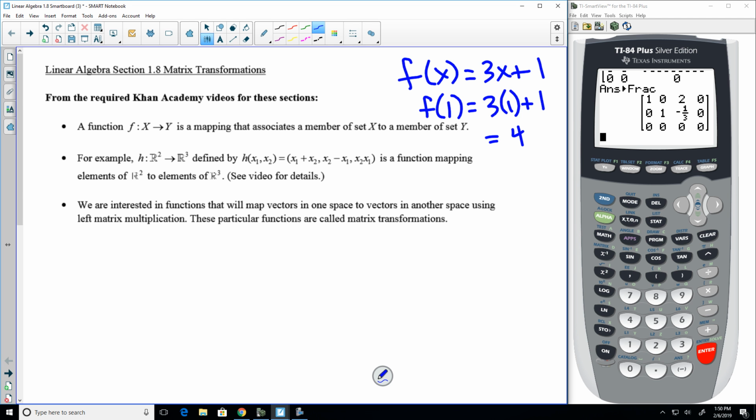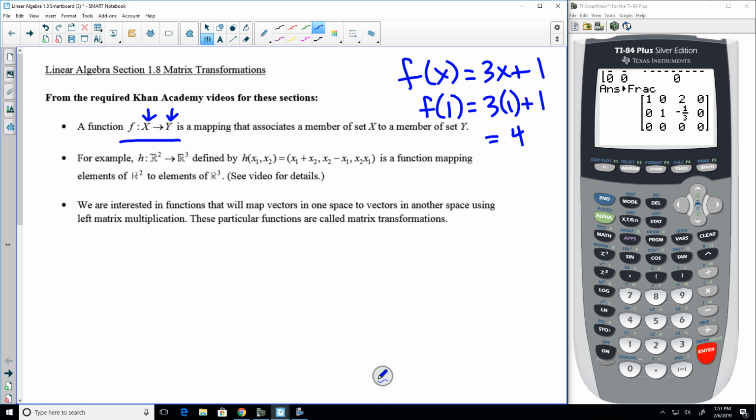The stuff you plug in is the domain, the stuff that comes out is the range, and where the range sits is called the codomain. So when you write your function or your mapping out like this, you're stating the domain and the codomain. The domain is the X, and the codomain is the Y.